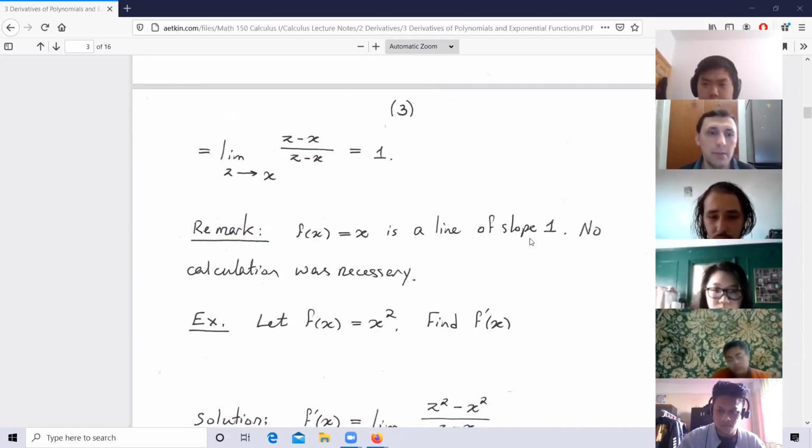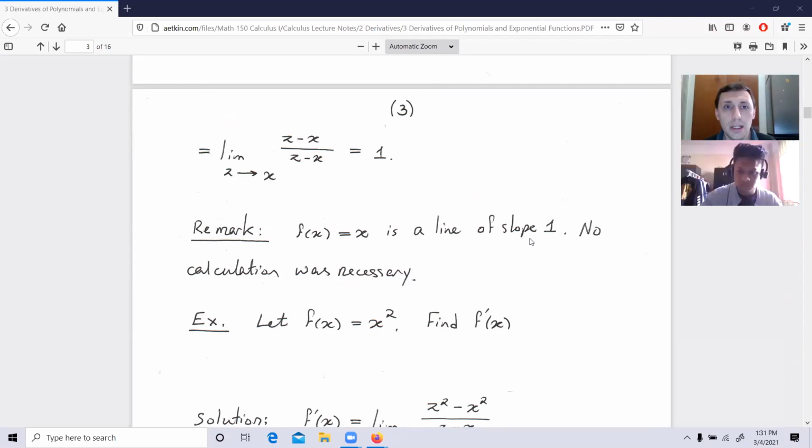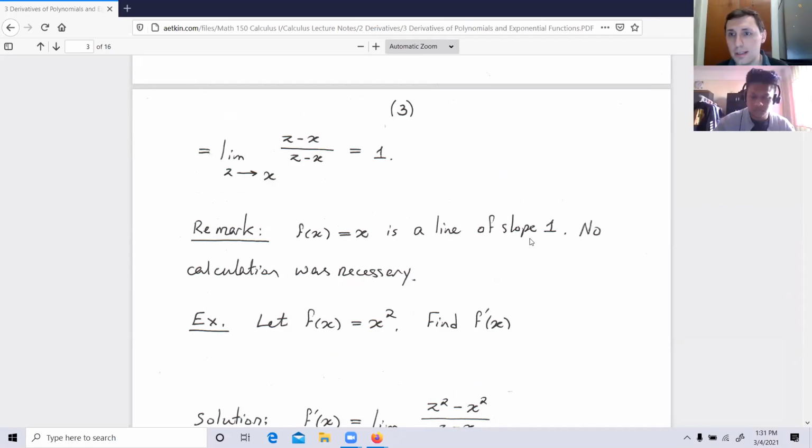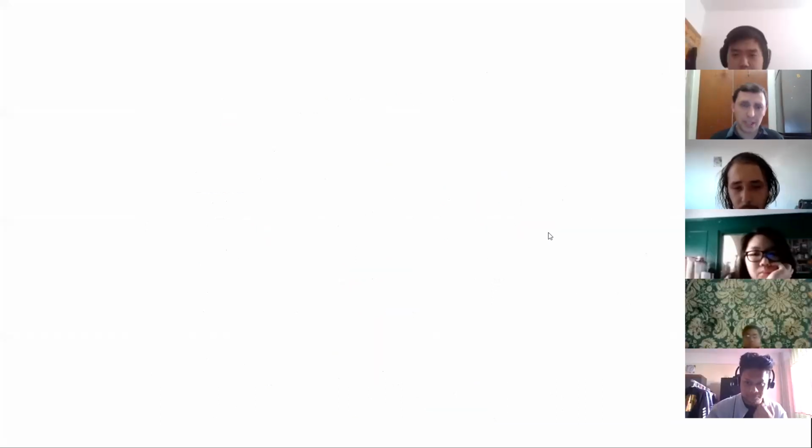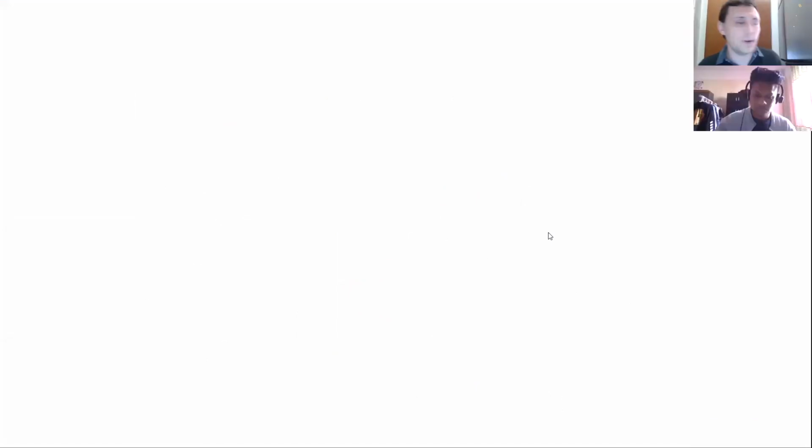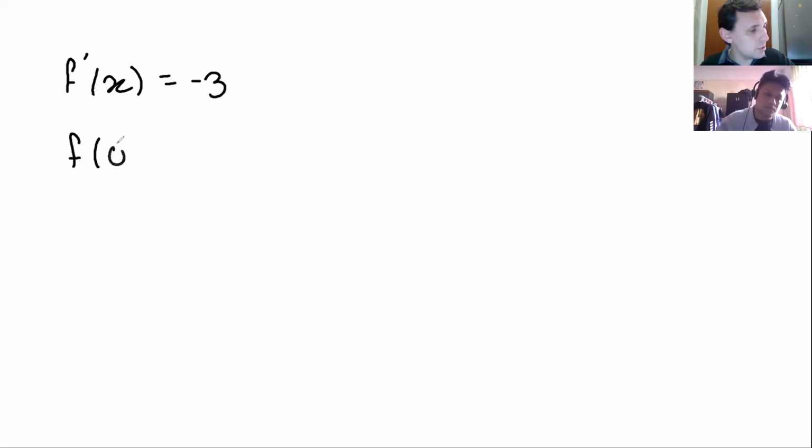By the way, before moving there, Francis was interested in an example. Let me give this example and ask you to tell me, it's a sort of thinking. Suppose that here is what you found. You found that the derivative of the function at any x is equal to -3, right? And the function itself at 0 equals 5.